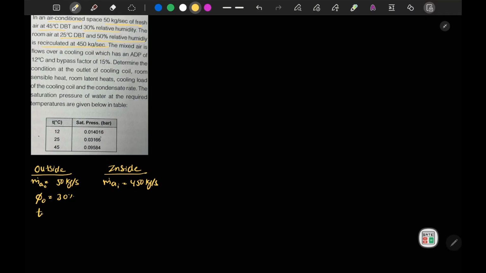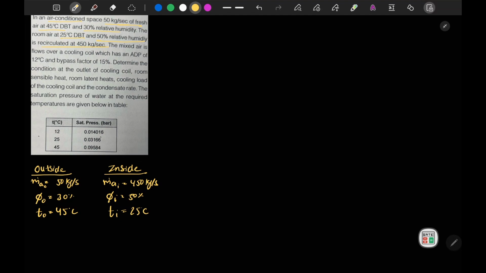Here I forgot one thing: T naught is equal to 45 degrees Celsius, phi I is equal to 50%, and Ti is equal to 25 degrees Celsius. So up to here we have described the question, what is given.